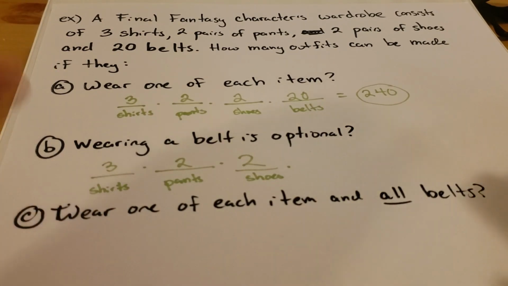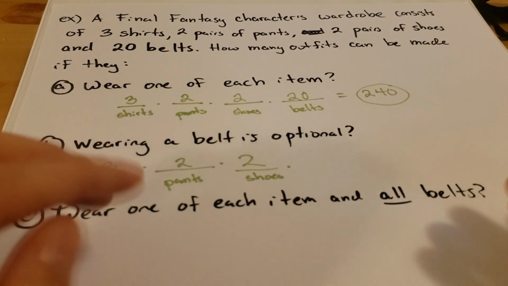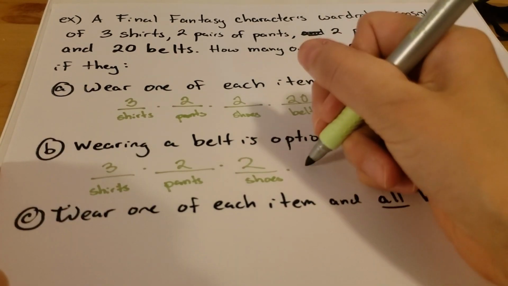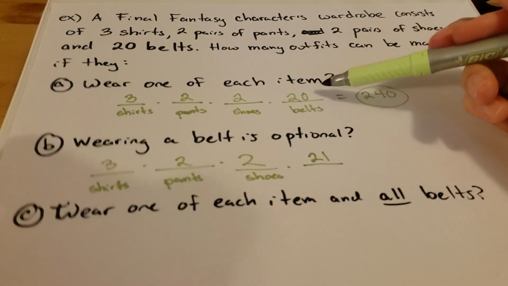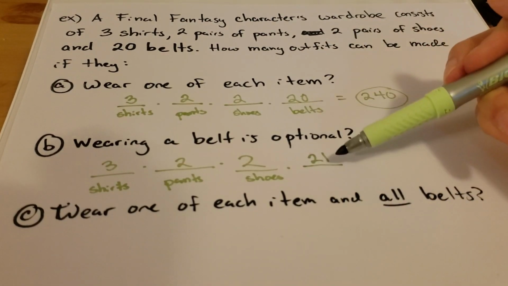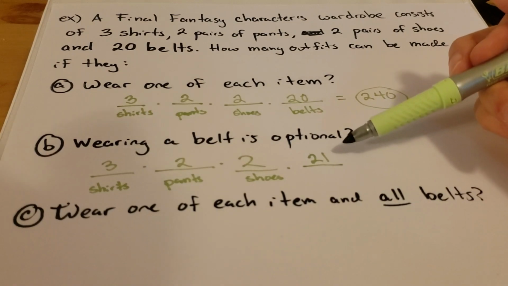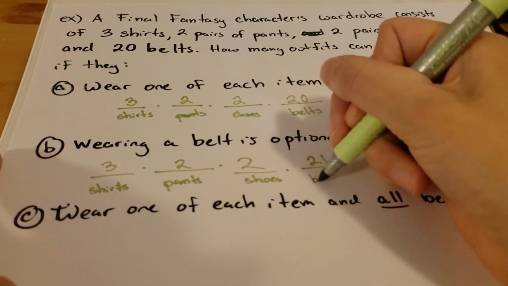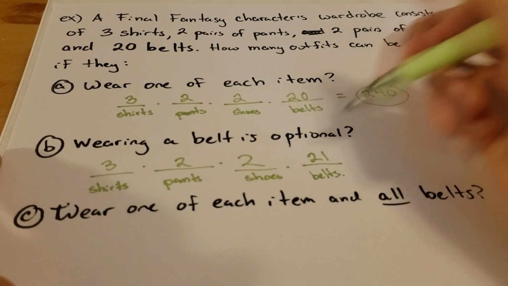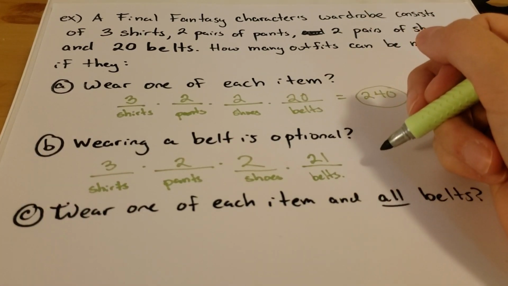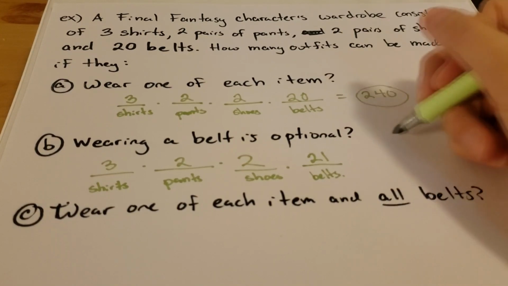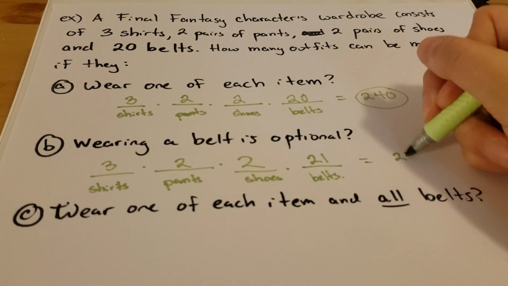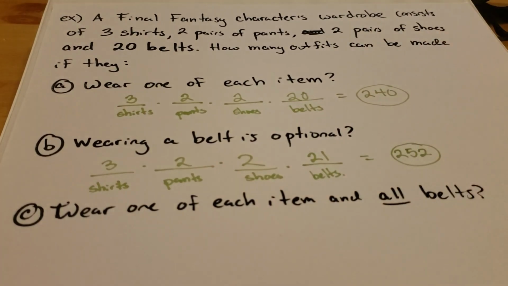So you can wear any of the 20, or you can choose not to wear a belt at all. So here we now have 21 choices. So that gives us 21 possible choices. And then if we multiply all of these together, let's see, we end up with 252 possible outfits that could be made.